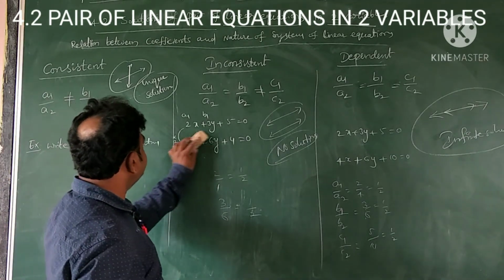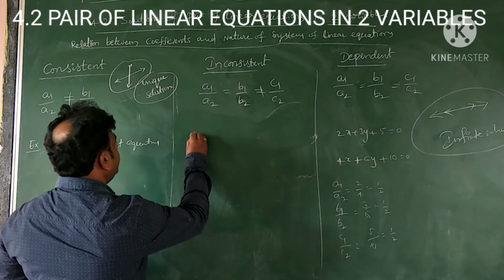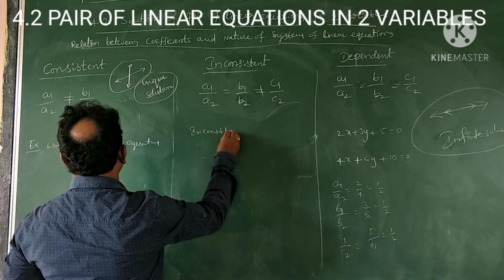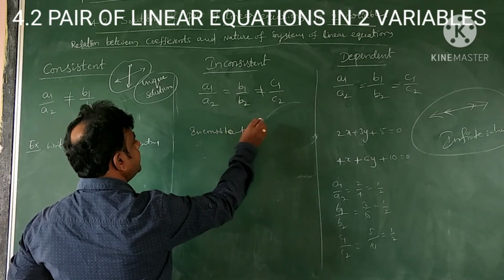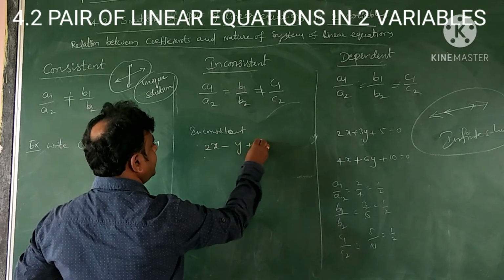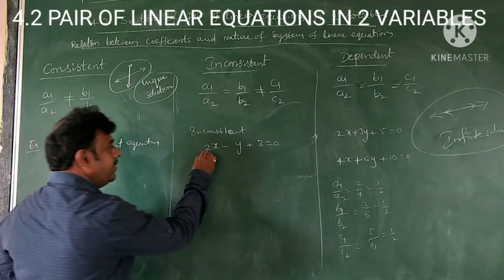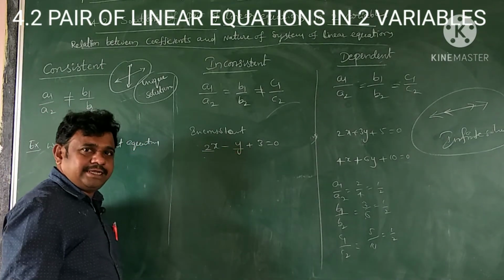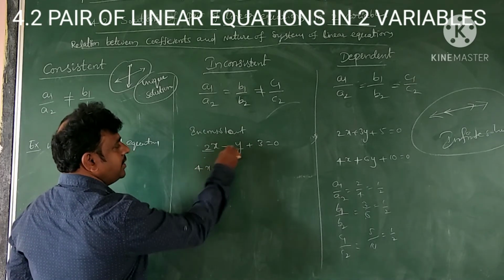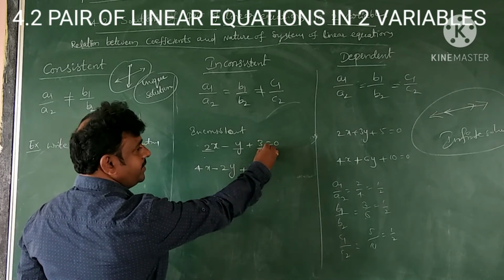Now let us move on. Write an inconsistent equation to 2x minus y plus 3 equal to 0. Students, observe here, simply multiply both x and y with a unique number. For example, two 2s are 4x minus two 1s are 2y, but do not multiply the constant with 2.